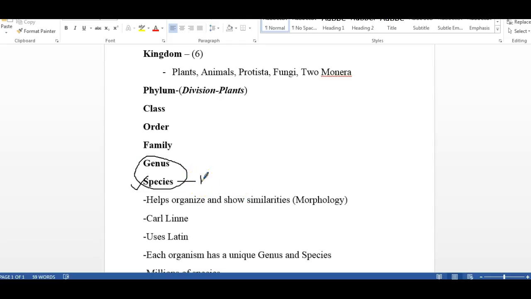Okay, so you may ask yourself, why add all this extra complexity to it? Well, the main reason is to help organize and to better understand how these things are related to each other. And some would argue that these similarities are due to a common ancestor.